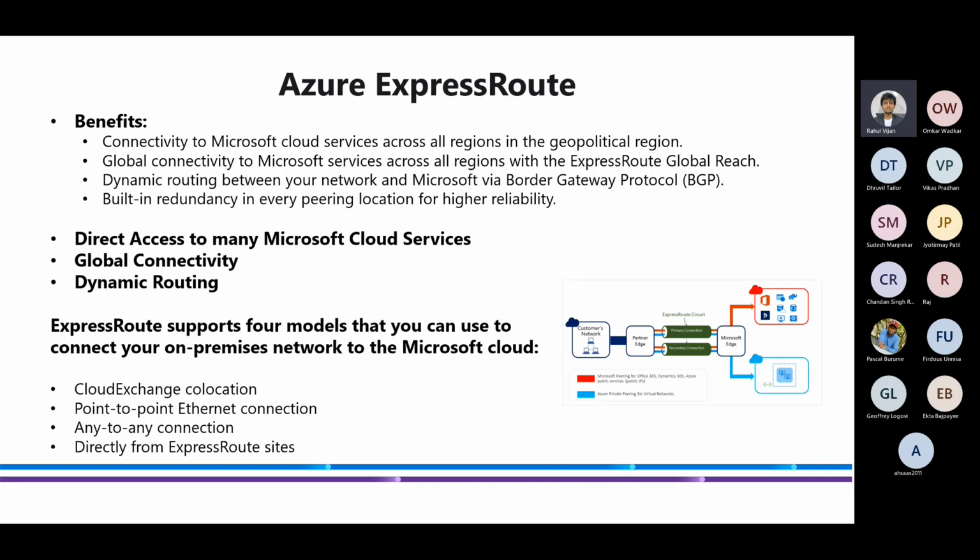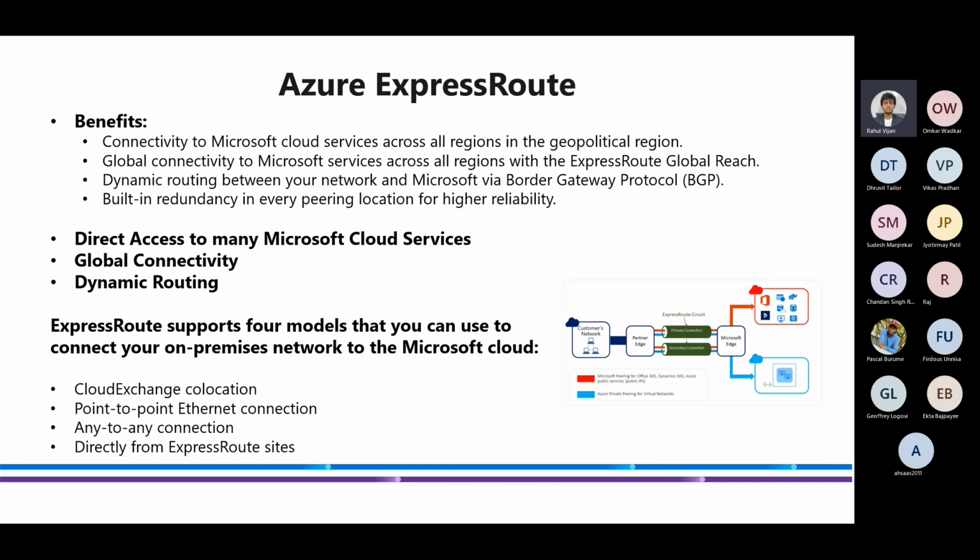I can not only connect my own private data center to the Azure data center in New Delhi, but to any other region within the world. So if I want to have a private dedicated line to, say, an Azure data center in London, that is also possible. That is the benefit of Azure Express Route.